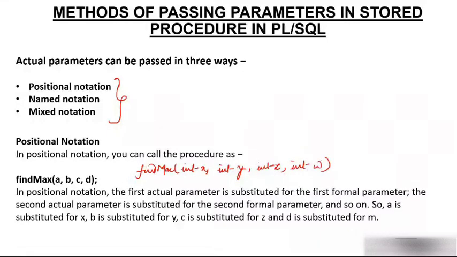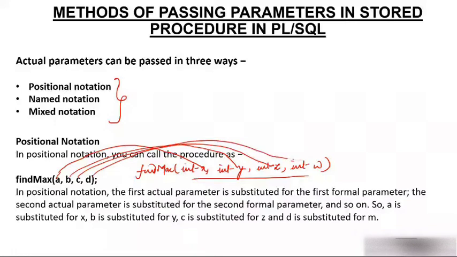When you call a function, this is called the actual parameters, and this is called the formal parameters. The first actual parameter will pass to the first formal parameter, and similarly the second actual parameter will pass to the second formal parameter respectively. Third will pass to the third, and fourth will pass to the fourth. So this is positional notation.